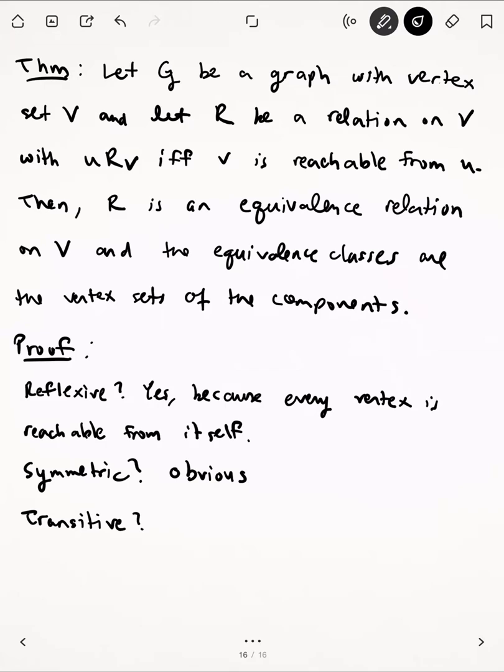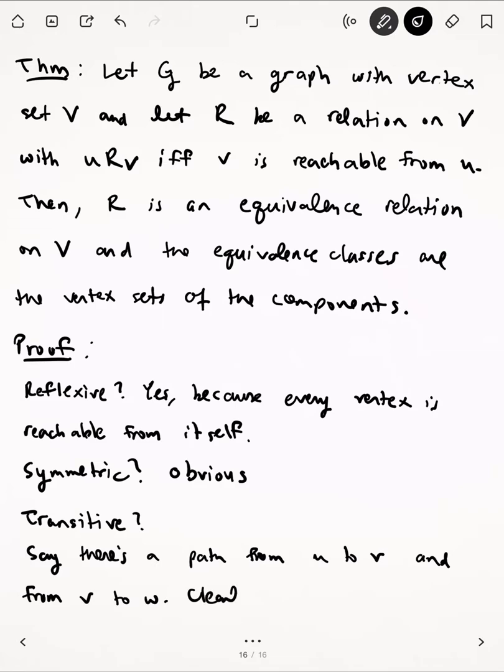So let's say there's a path from U to V and from V to W. Clearly, there's a path from U to W.